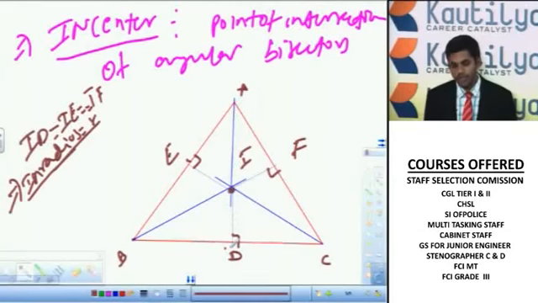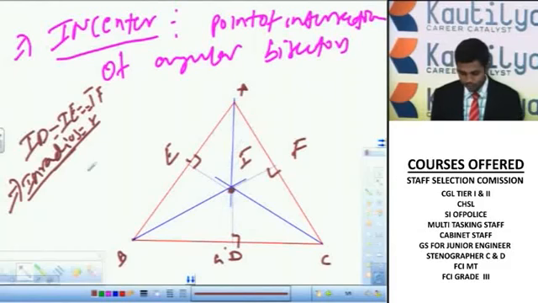AI extended to G will be the angular bisector, but ID will be the perpendicular from the incenter. That we have to keep in mind: the angular bisector need not be the perpendicular. So we have drawn them separately. The dotted line is the perpendicular, and the straight line is the angular bisector.